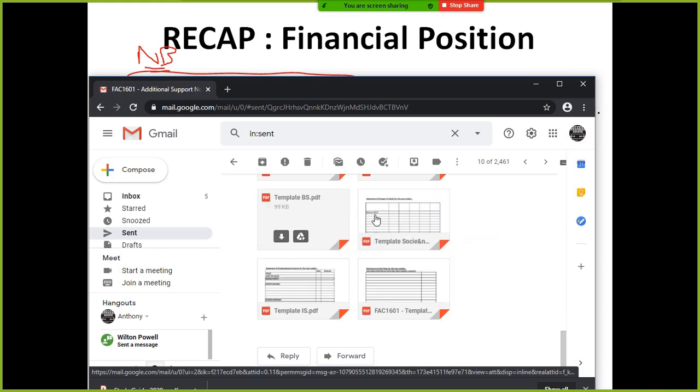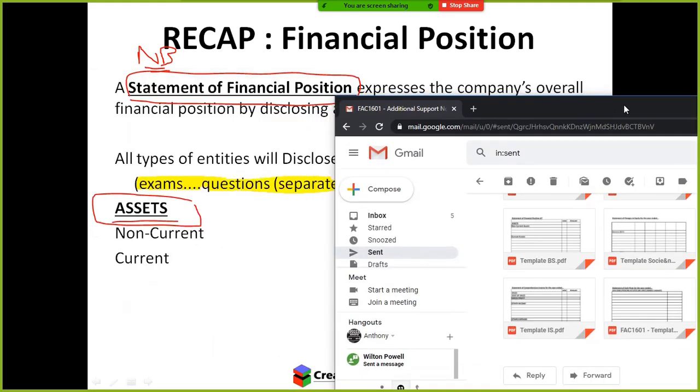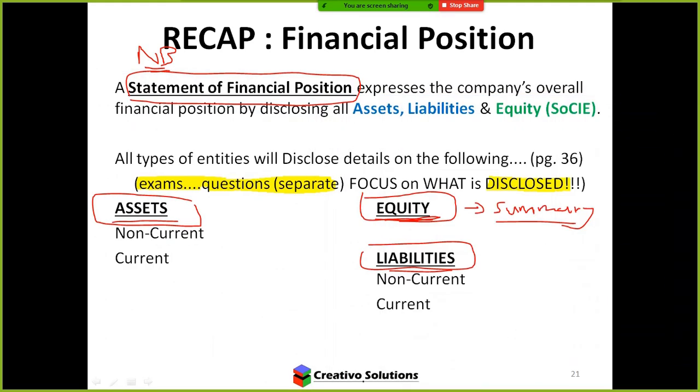I emailed it to you, so you can print it out and use it later on. Those templates are important because we're going to use them when we do disclosure. I'm just showing you this because it explains how important it is to understand what these things look like. Are you happy with that?